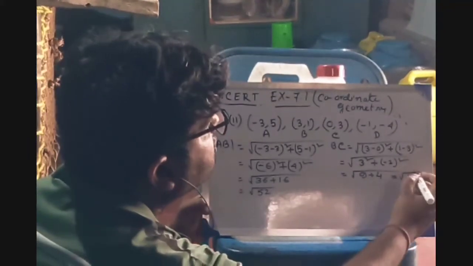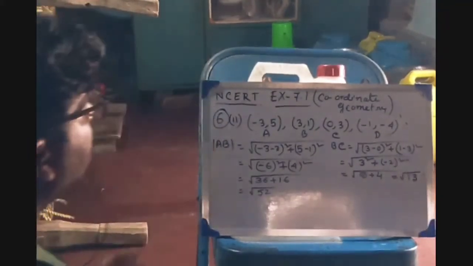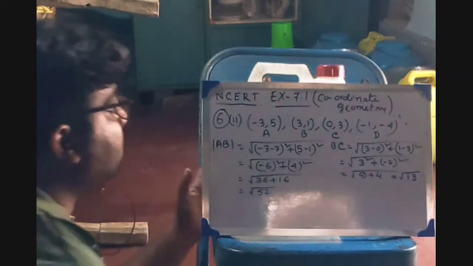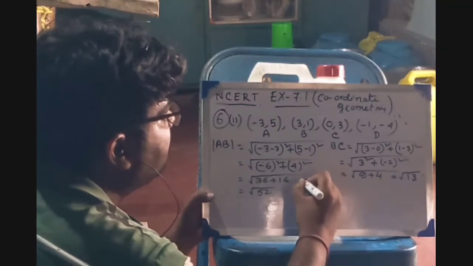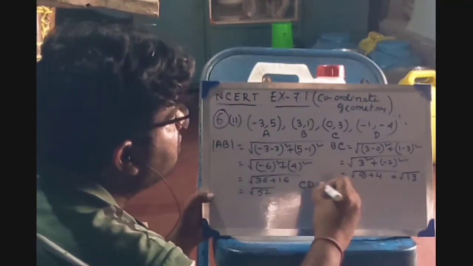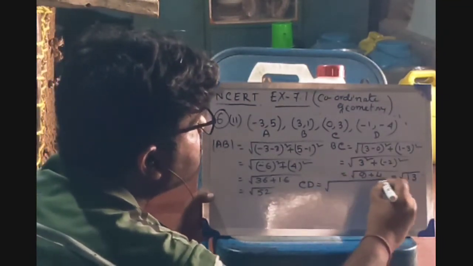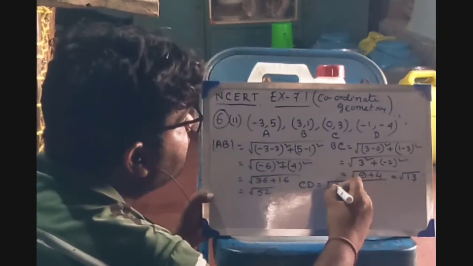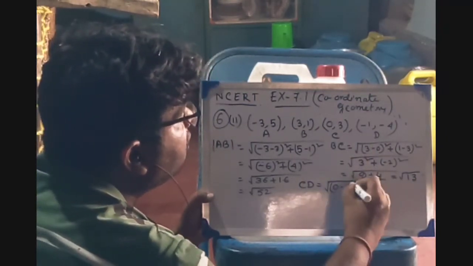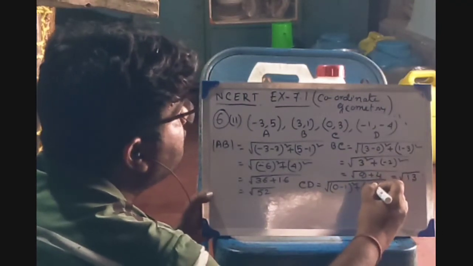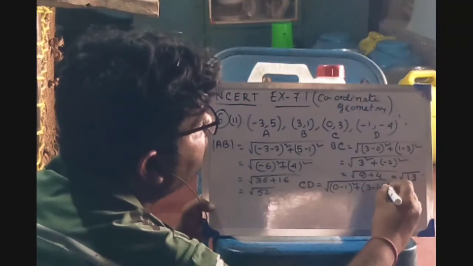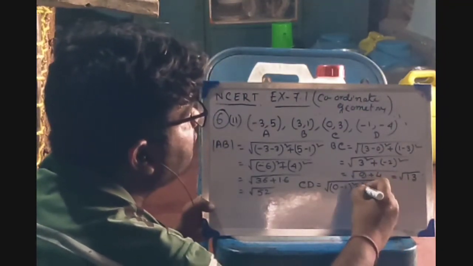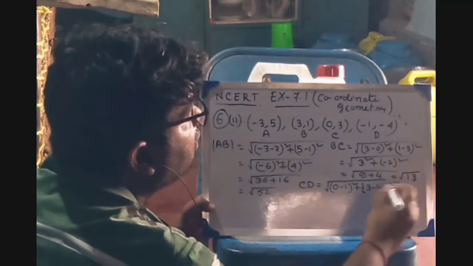Next, come to CD. CD equals root under of (0 - 1) whole square plus (3 - (-4)) whole square.